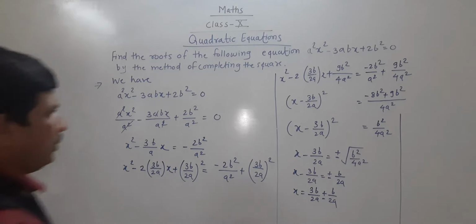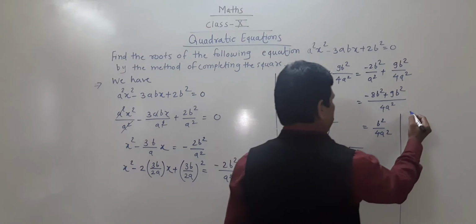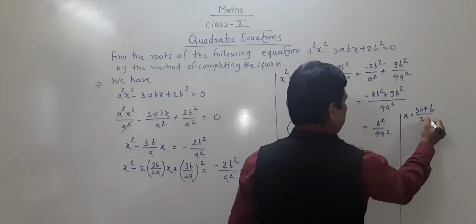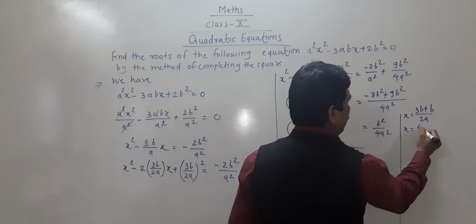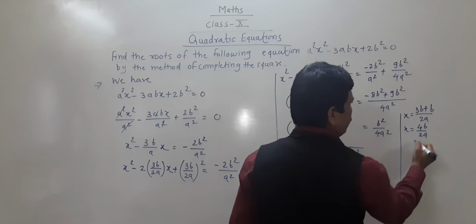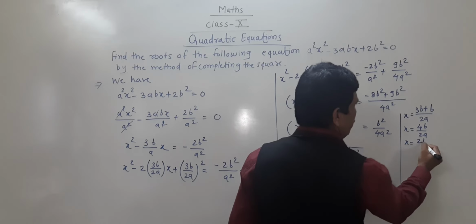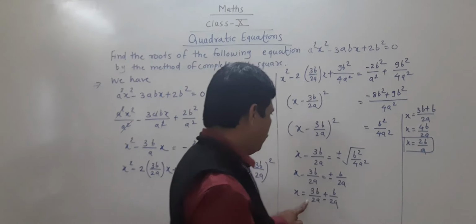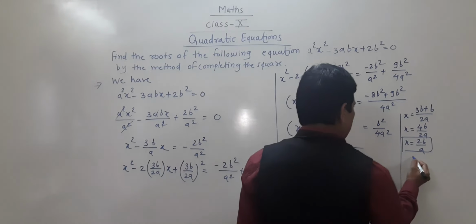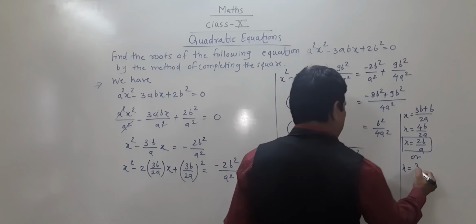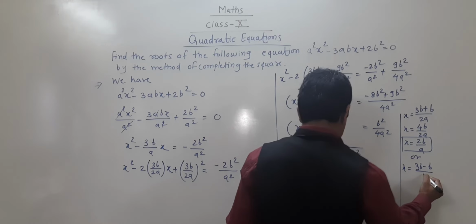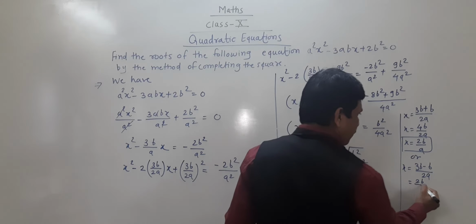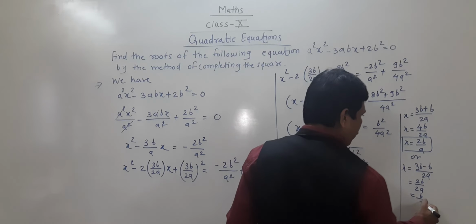Okay, so see here I am doing x is equal to 3b plus b upon 2a, that is x is equal to 4b upon 2a, so 2 into 2 is 4, so x is equal to 2b upon a. Okay, so this is the first root, and the second will be x is equal to 3b minus b upon 2a, 3b minus b will be 2b, 2b upon 2a will be b upon a.